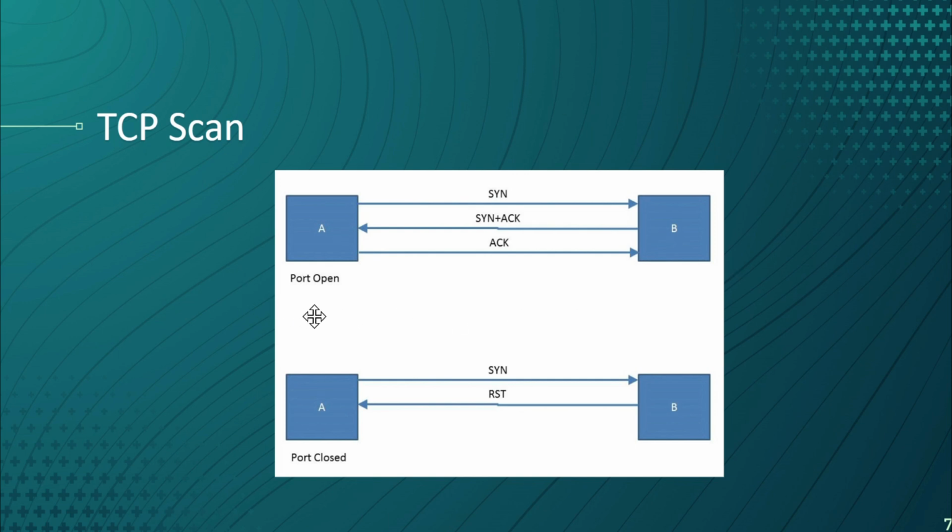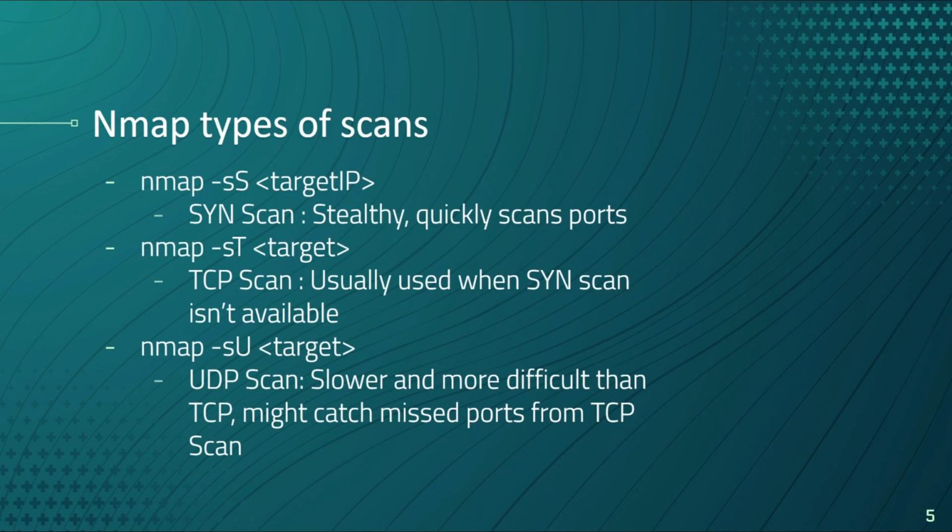However, instead of A closing the connection, it sends another acknowledgement to B, forming a complete connection. If the port is closed, it's the same as the SYN scan, and B sends a packet that closes the connection.